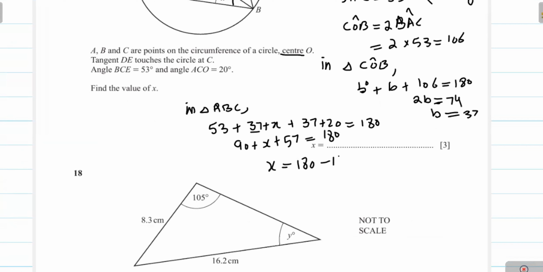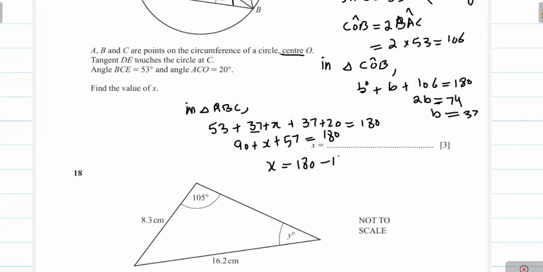The next question, 18. In this question 18, calculate the value of y. You see here, this is the triangle, and here are two angles and two sides relationship to calculate the value of y. Therefore, we will use the sine rule, in which there is a relationship between two angles and two sides.